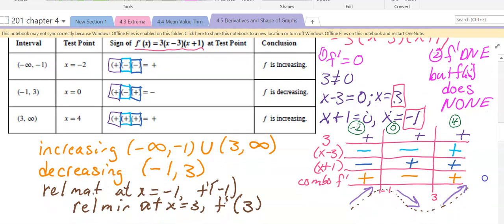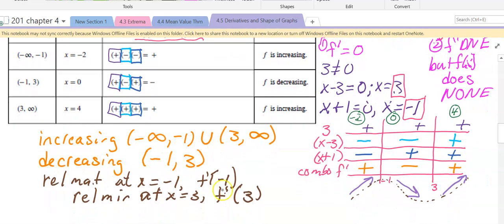This is how we can analyze the first derivative test and use it to produce a picture of the graph.